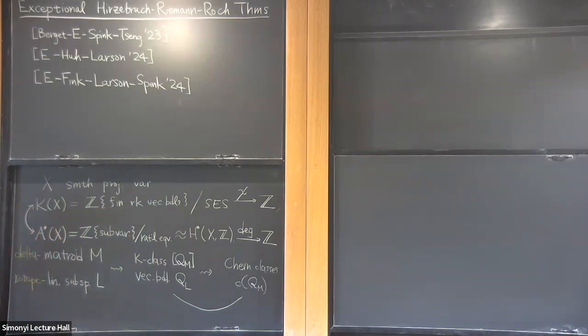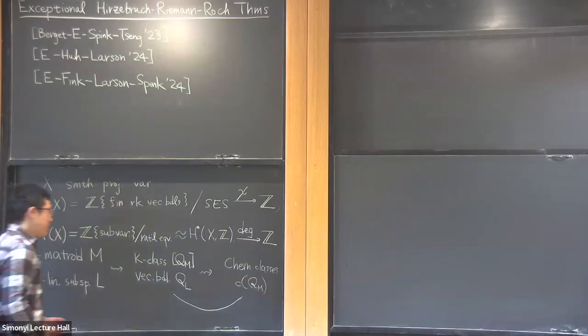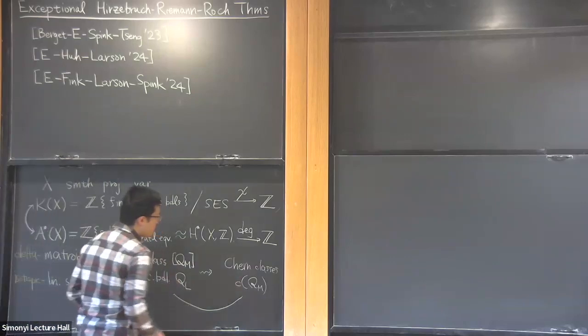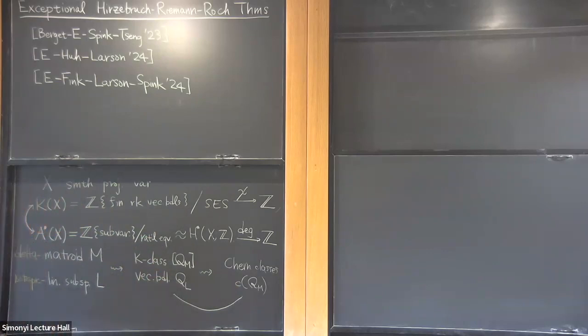So the talk will be about relating K and A for very special toric varieties, and that plays a rather critical role in playing this game of trying to understand matroids through either the K-class or some Chow classes.